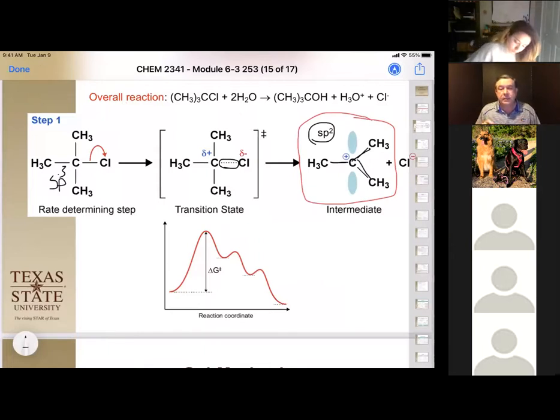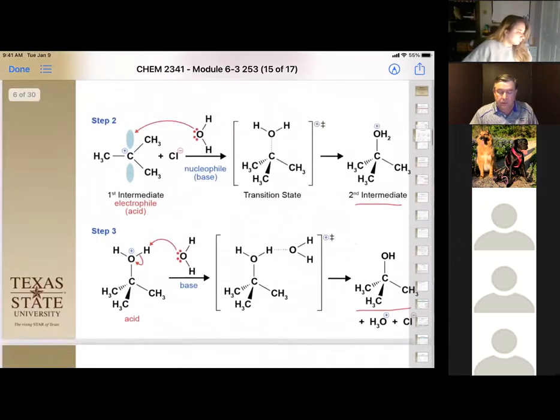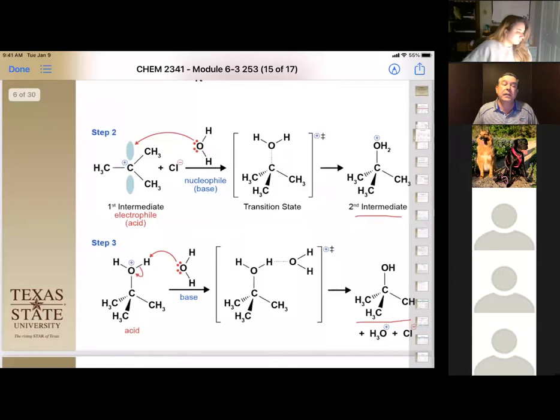This is important for our product ratio because your nucleophile can attack at the top or attack at the bottom. There's no difference in energy between the top or the bottom. The other thing it gives us is that now that the intermediate, that carbocation, is more reactive, we can actually use weaker nucleophiles to react with it.